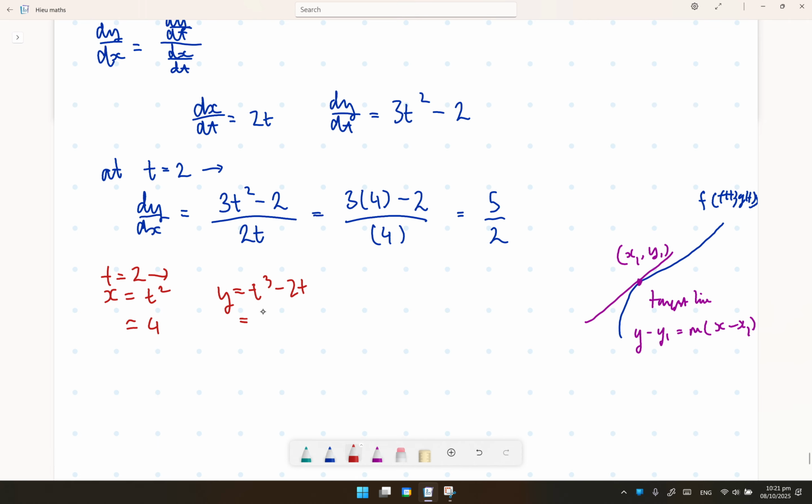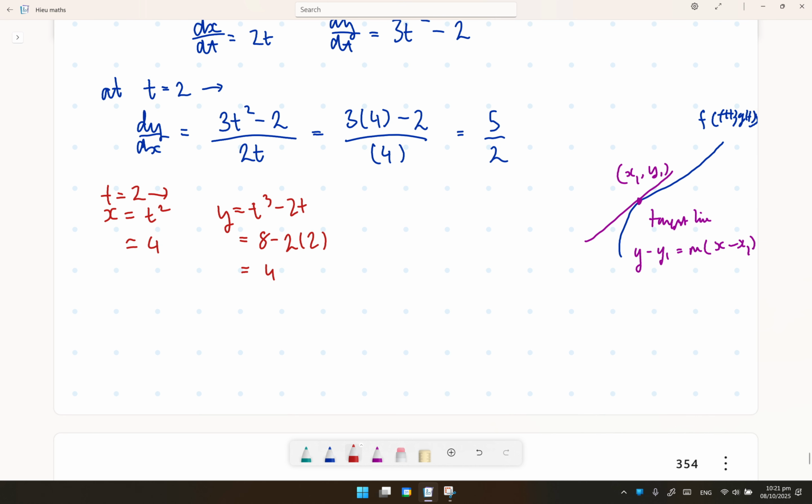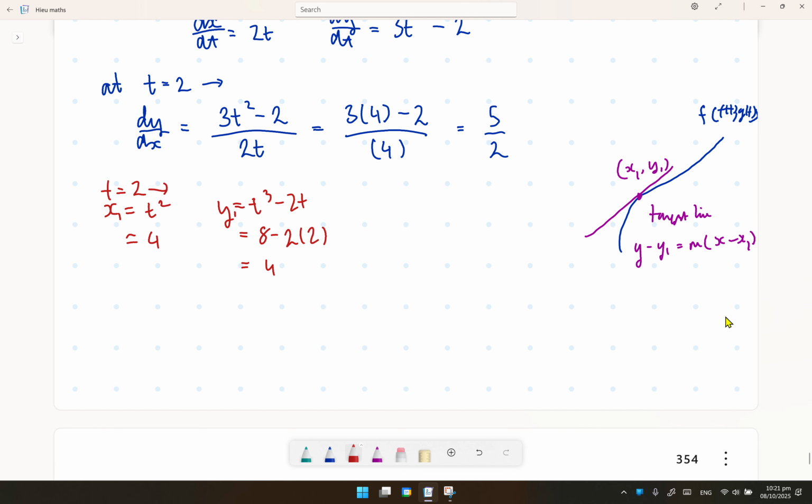So then that's equal to 2 cubed is 8 minus 2 times 2 is 4, so that's going to be equal to 4, right? So now we have x1 and y1 both equal to 4. So when t equals 2, the x position of the particle is 4. And when time is equal to 2, the y position is 4.